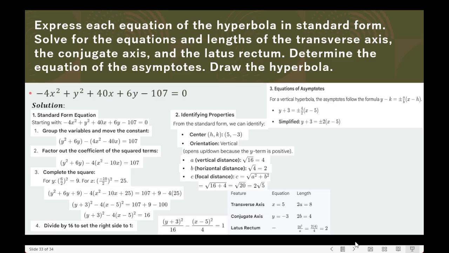For the equation of the asymptotes, we use the formula y minus k equals positive or negative a over b times the quantity x minus h. So y plus 3 equals positive or negative 4 over 2 times the quantity x minus 5. Simplifying further, y plus 3 is equal to positive or negative 2 times the quantity x minus 5. So we actually have two asymptotes here.